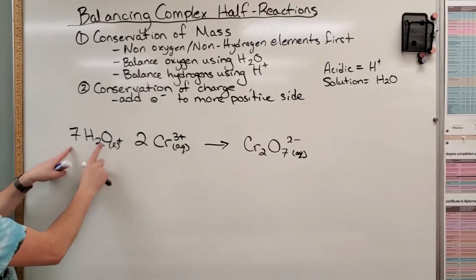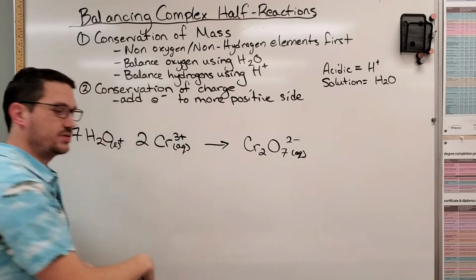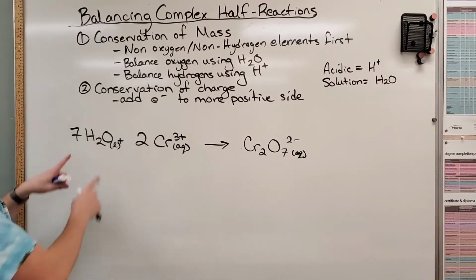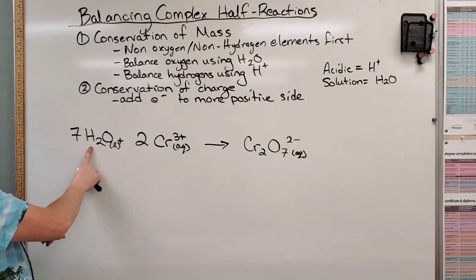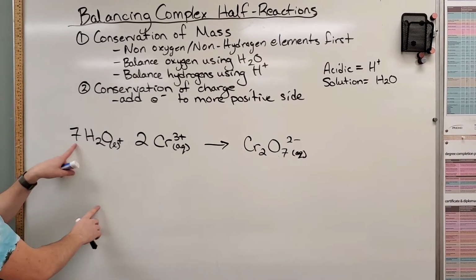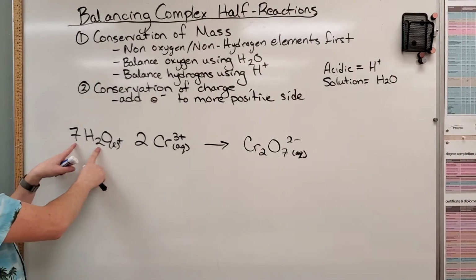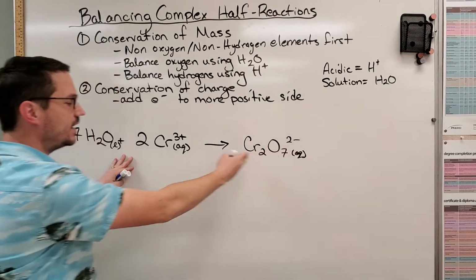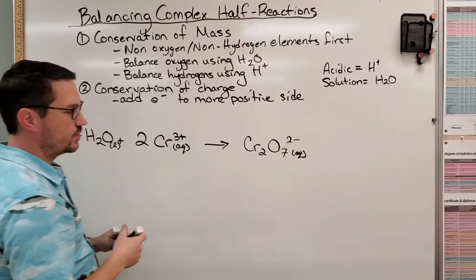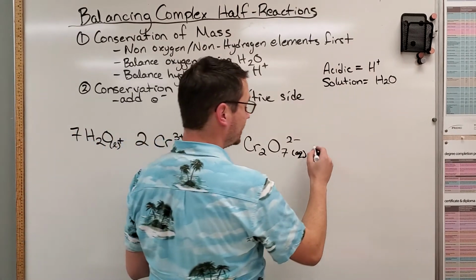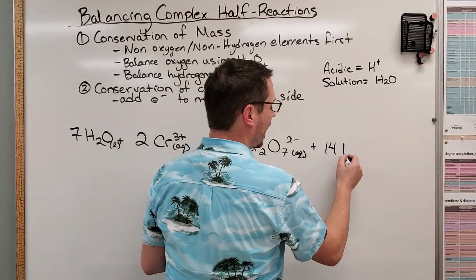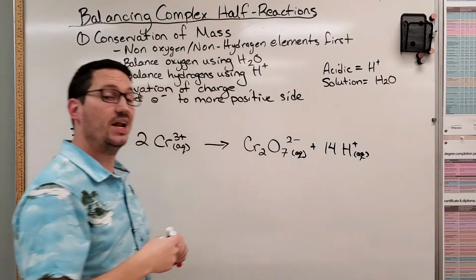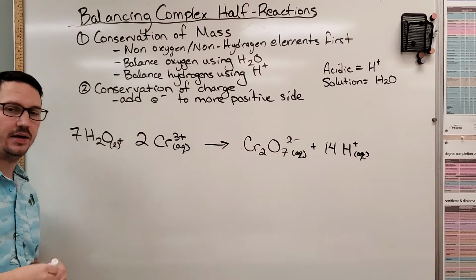Now I've got 7 oxygens, 7 oxygens. Great, so the chromiums and the oxygens are done. But because I added water, I introduced hydrogens. I've got 7 times 2 is 14 hydrogens, and there are no hydrogens anywhere else in the reaction. So I need to add 14 hydrogen ions on the product side.